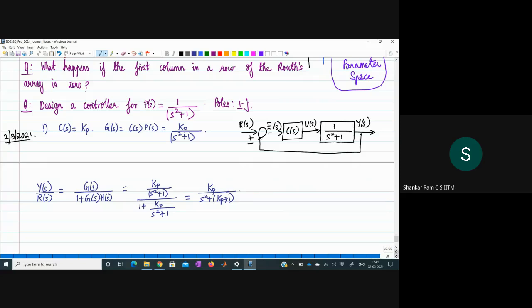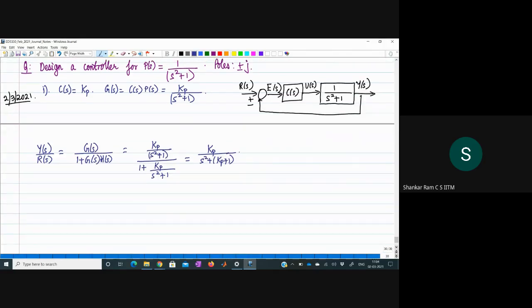So this is what we will have as the closed-loop transfer function. Immediately we could observe the closed-loop characteristic equation. That's going to be s squared plus Kp plus 1 equal to 0.